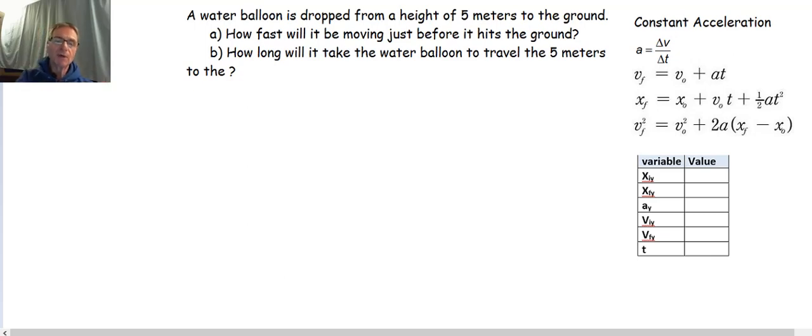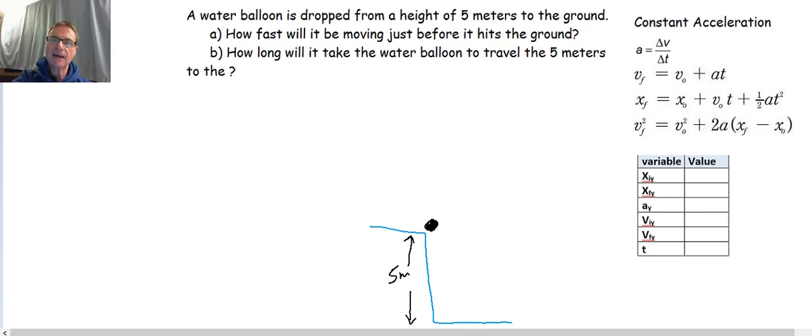Okay, so let's draw a little picture here. So here we have a little cliff. I'm going to change to black. So here's our water balloon up here, and the height is 5 meters from top to bottom.